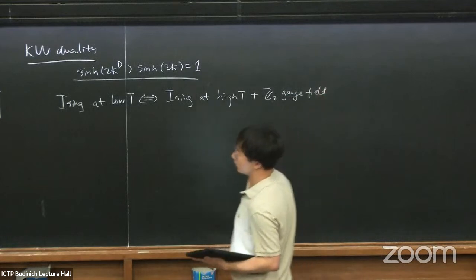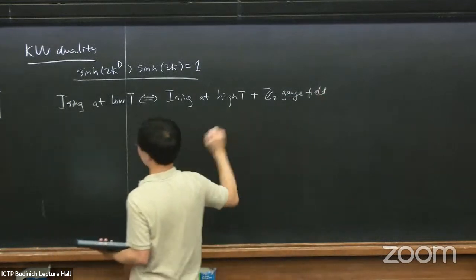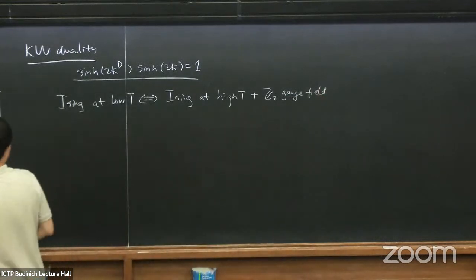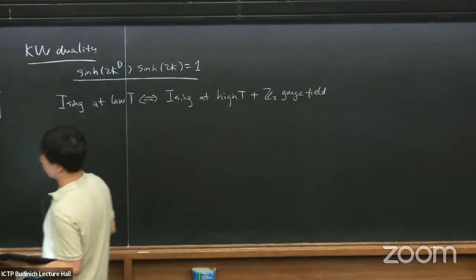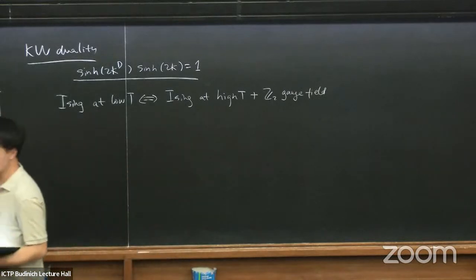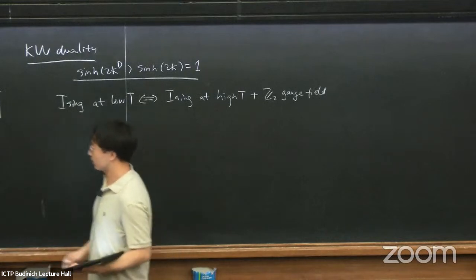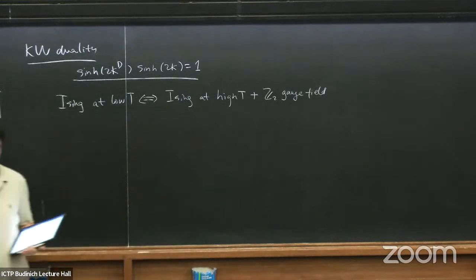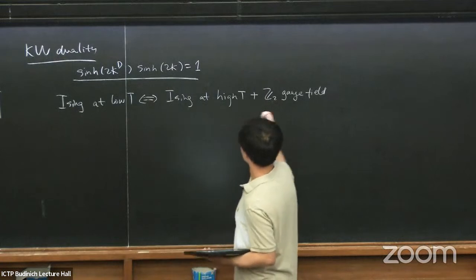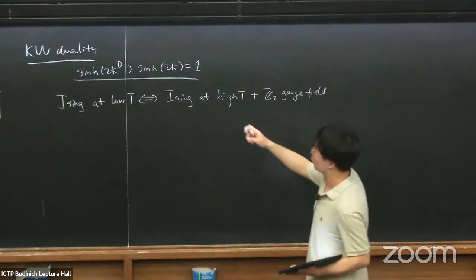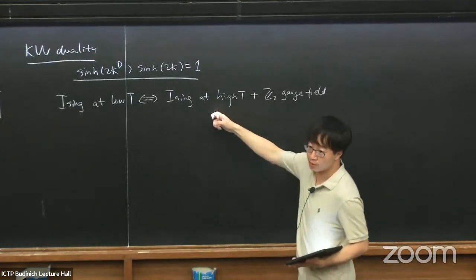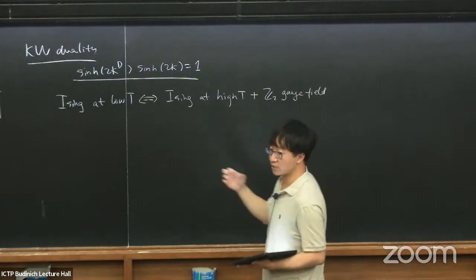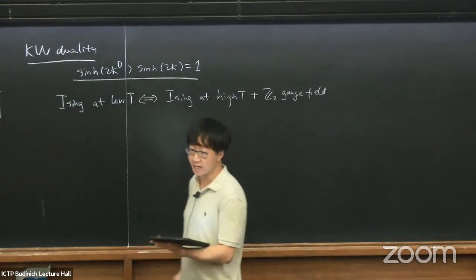The reason being that if you care about the global issues, in particular the number of degenerate ground states, obviously these two phases will not match. But introducing this additional Z2 gauge field, which gauges the Ising Z2 symmetry over here, fixes the problem so that it's actually an exact duality.